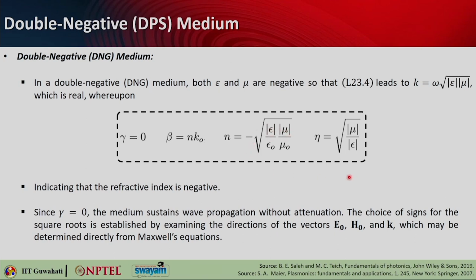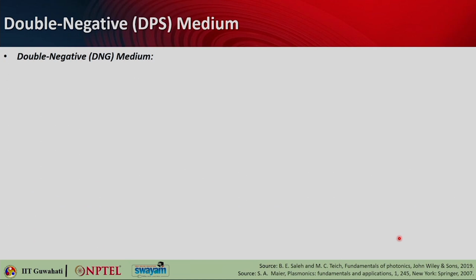These are chosen by examining the direction of the vectors E naught, H naught and k, and they may also be determined directly from Maxwell's equations, to satisfy Maxwell's equations.